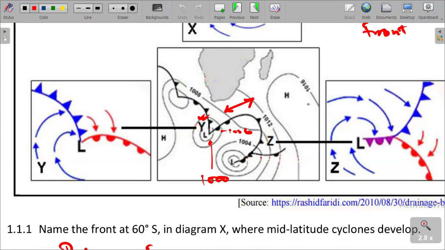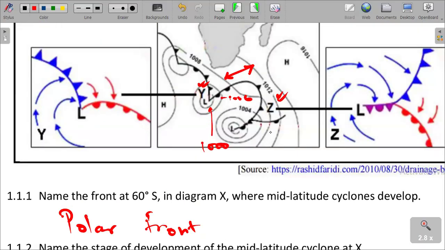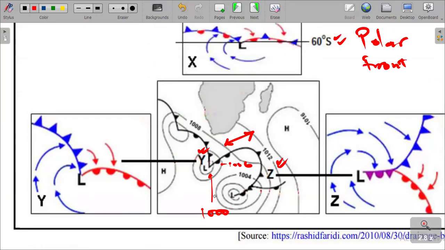So we can see that at Z, we are seeing the cyclone is already established. So we are saying it is an established cyclone, which we can see that Z is identifying an older stage in terms of the stages of mid-latitude cyclone development.